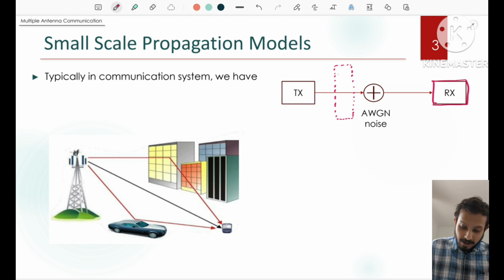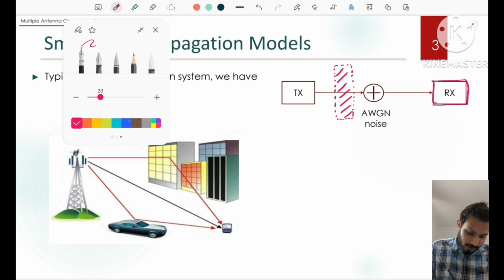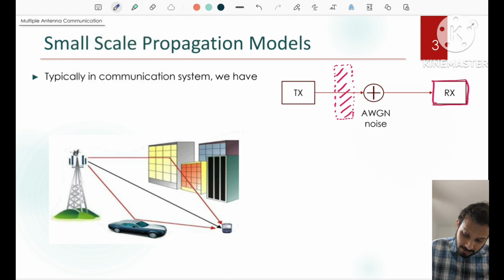So we are interested in this part, and we would like to study the received signal at this point. The received signal at this point is known as the noiseless received signal.